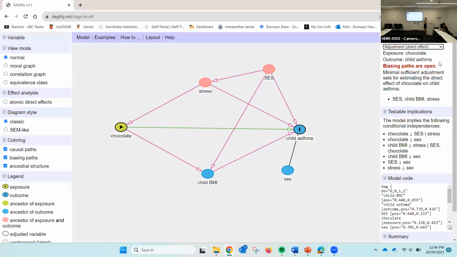Does that make sense? Now we come to one other really important part of DAGs, and then we're kind of done, because this is probably one of the parts that tricks people the most.